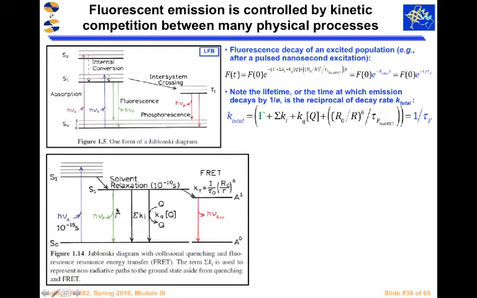As we discussed before, internal conversion and solvent relaxation tend to put the excited state electron into the ground vibrational state, and the electronic excited state also tends to move everything into the lowest energy electronic excited state. Most fluorescence emission occurs from that state.